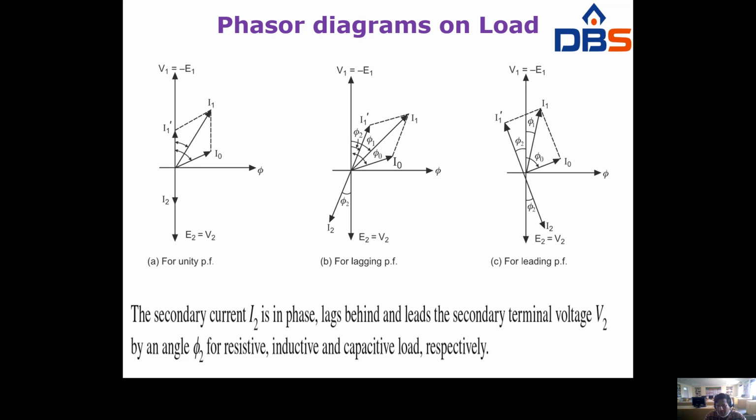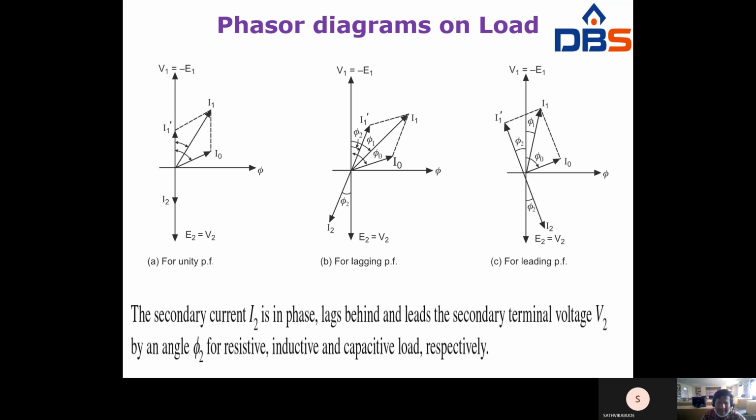I1 dash is in phase with V1, and I0 is always like this, because it is the sum of magnetizing current and no load current. Now the vector sum of no load current and primary leakage current is nothing but primary current I1, right?